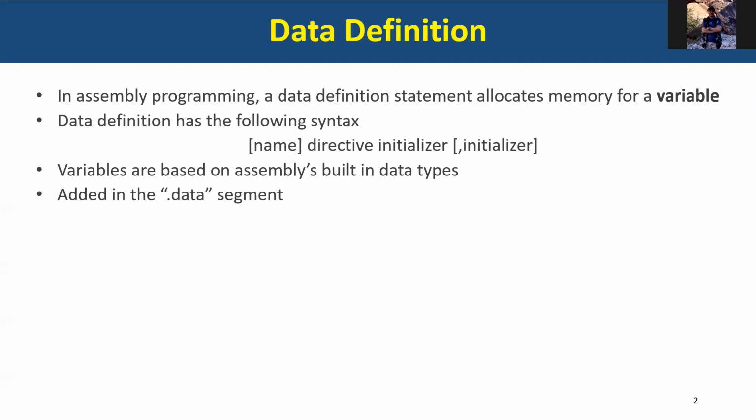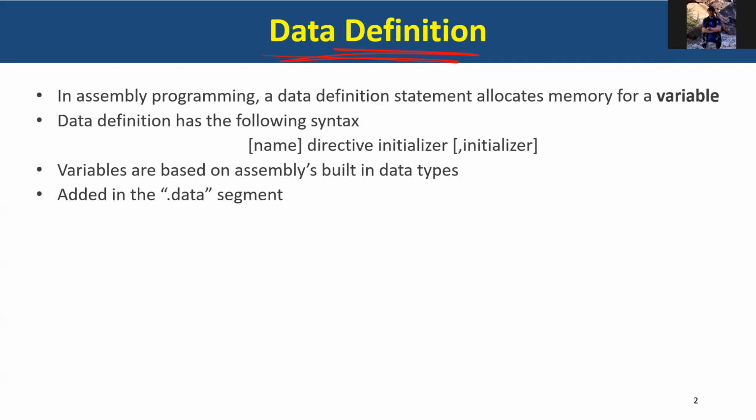First, we have what's called data definition. In assembly programming, a statement that defines some data is called a data definition, which basically allocates some part of the memory for some variable.